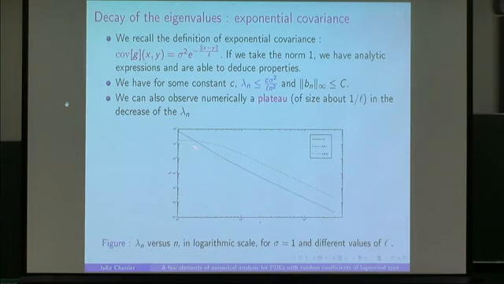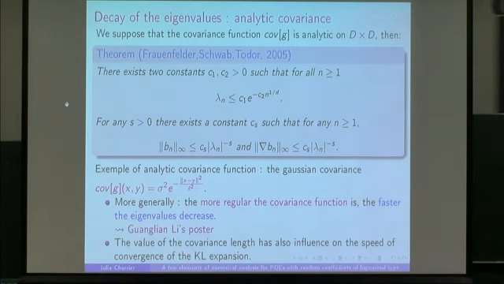In this case, we have an explicit expression for the eigenvalues. But in the general case, you have theorems which give you a bound for the rate of decrease of the eigenvalues.